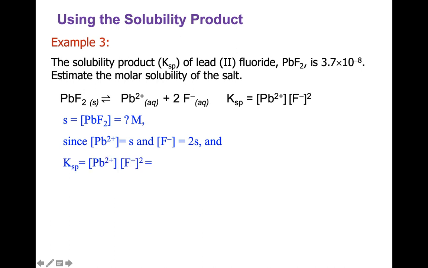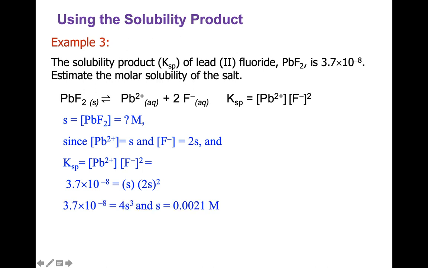If we substitute into the KSP expression, lead concentration times fluoride concentration squared, we know what the KSP is in this situation. It's 3.7 times 10 to the negative 8 molar. That is equal to the concentration of lead, or S, times the concentration of fluoride, which would be 2S squared.